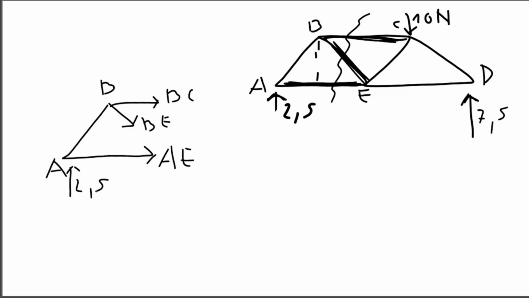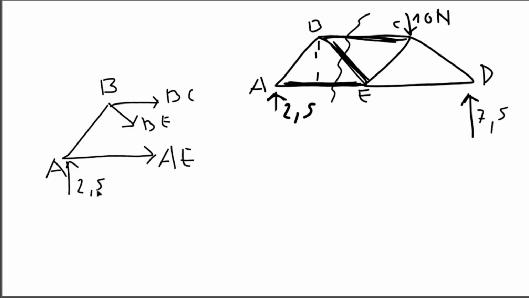So we have to keep that. So that's still applied at A. Make sure it's visible. So 2.5 applied at A still.